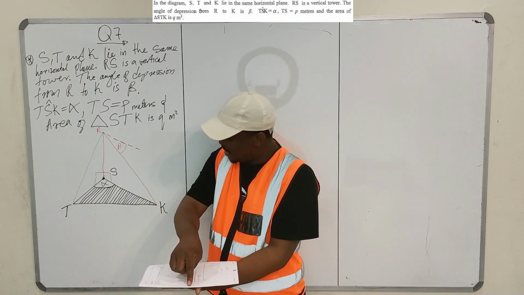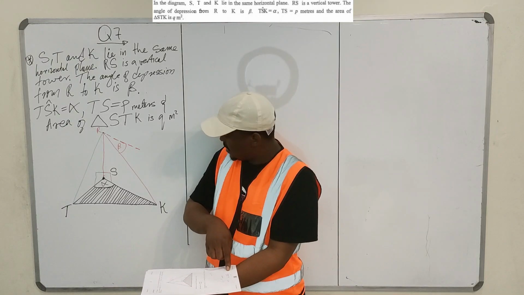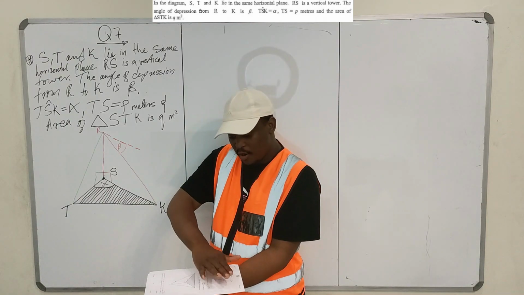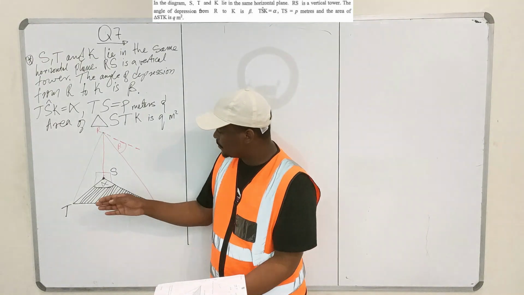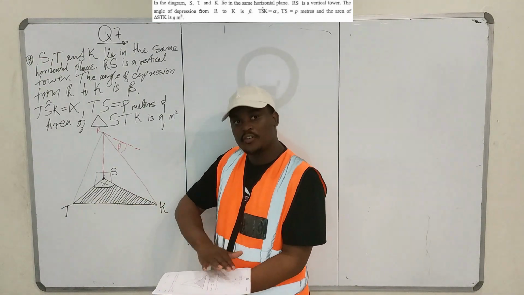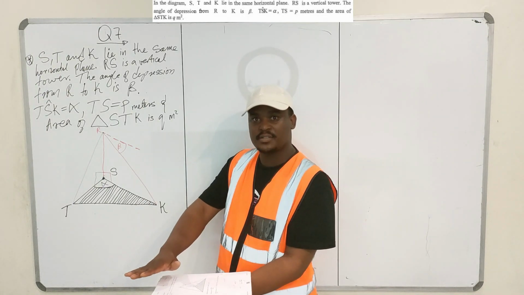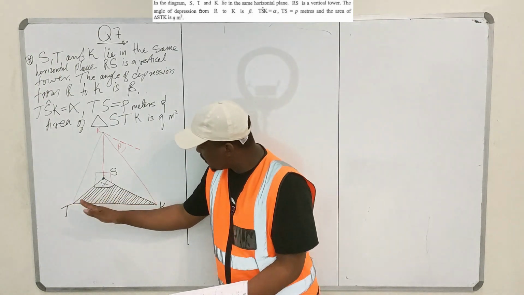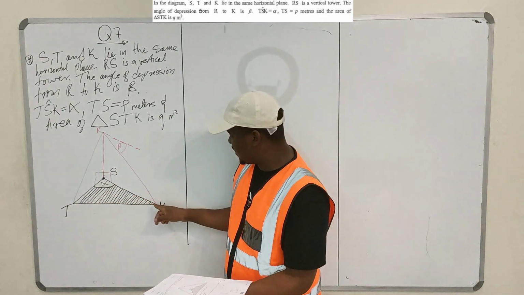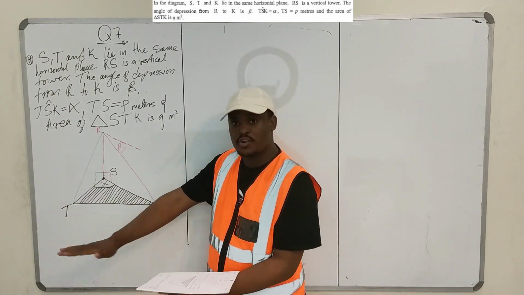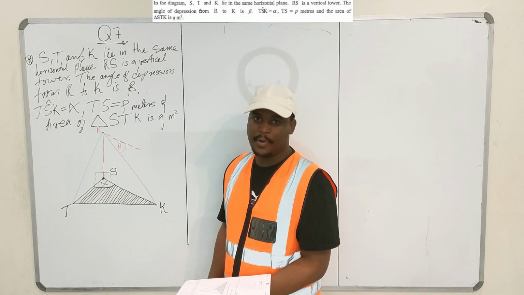You have T sitting here, you have K sitting here, you have S sitting there. So they're on the same horizontal surface, right? Think of them as forming the ground, a horizontal ground. This S, T, and K, they're sitting on a horizontal ground. That's what you should be thinking about.